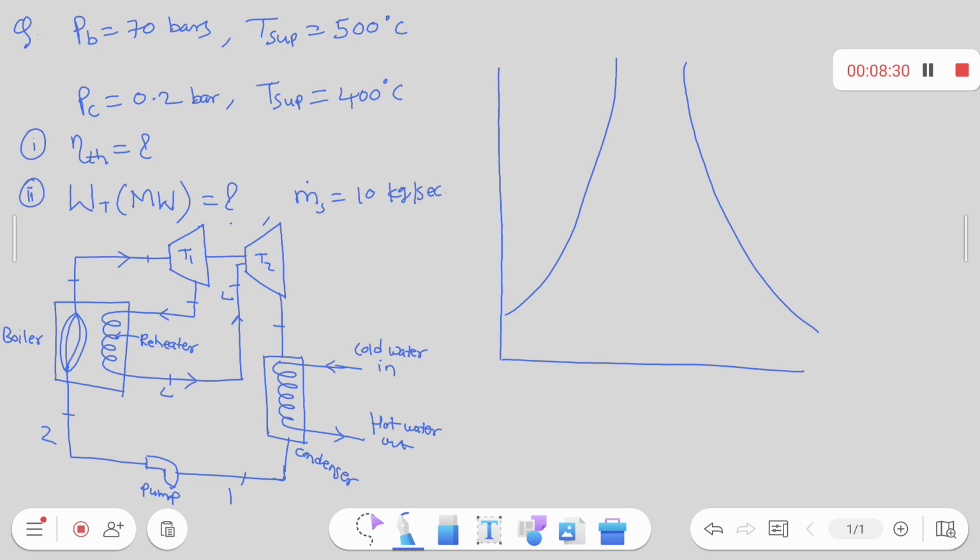2 to 3 is converting water into steam. Then 3 to 4 is isentropic expansion. So first, 1 to 2 is pumping: inside the pump, isentropic compression.